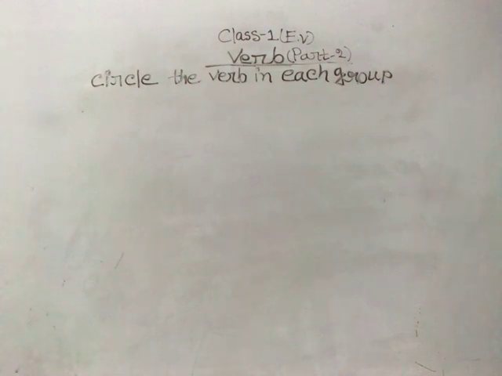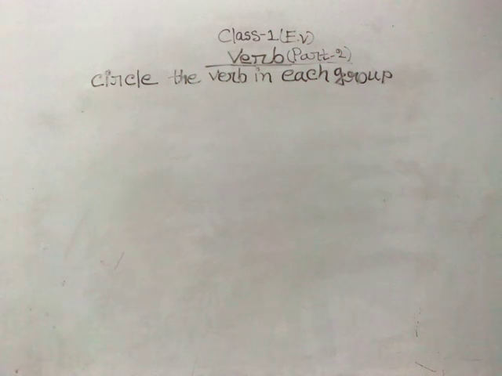What is it? Here, some groups of words will be given and you have to find the correct verb. Okay? In different lines, you will have different groups of words. It can be a noun, pronoun, adjective, adverb, or verb.